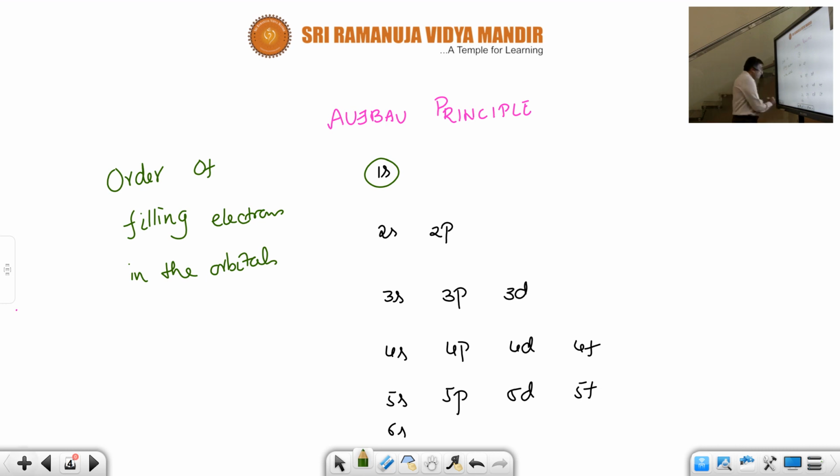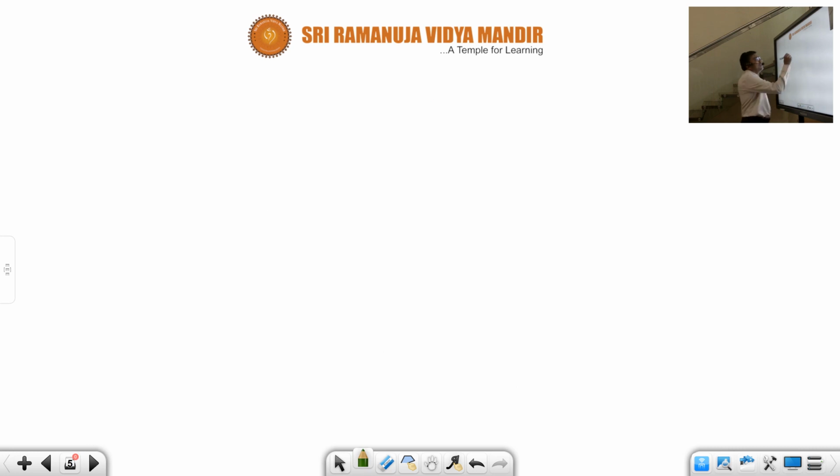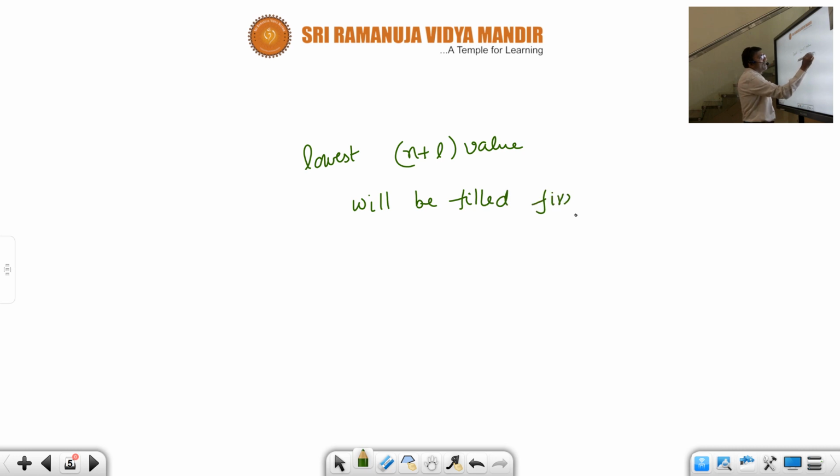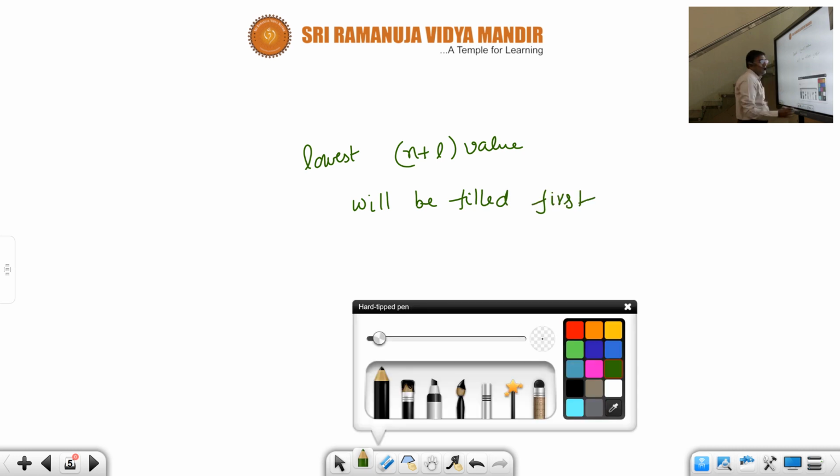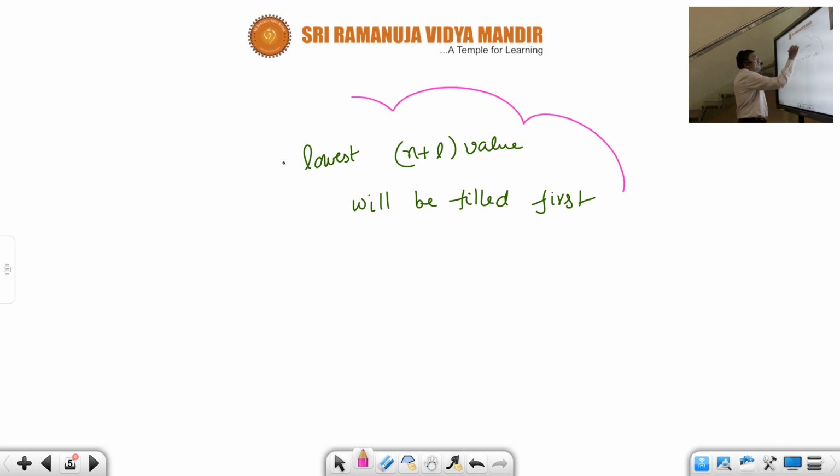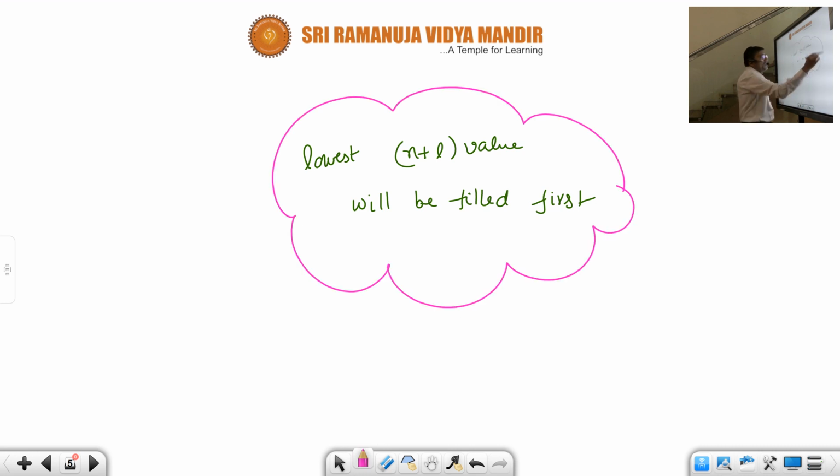A very important principle is that the lowest n plus l value will be filled first. So the energy level with the lowest n plus l value will be filled first.